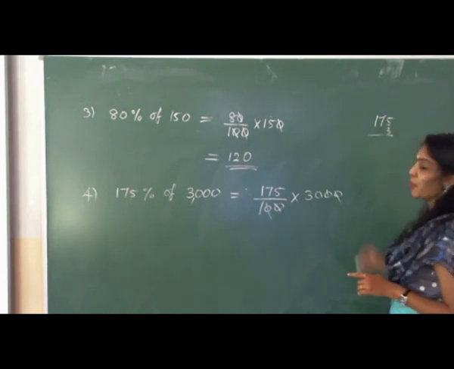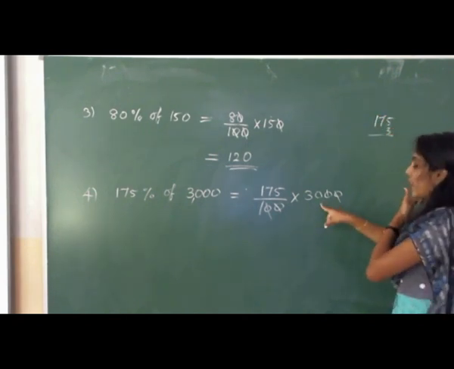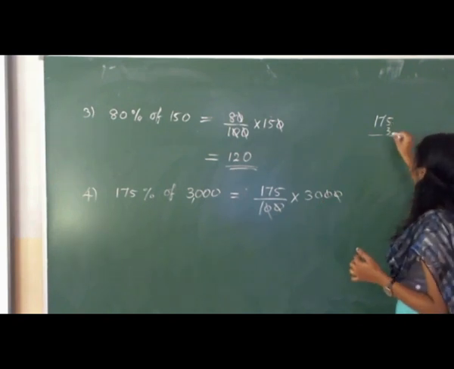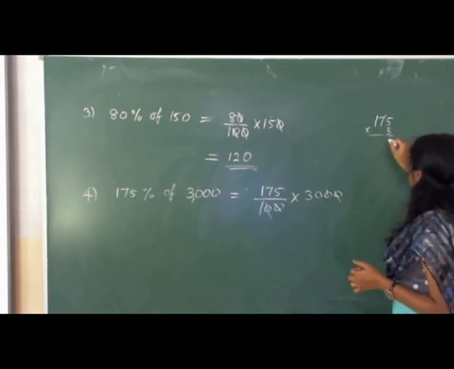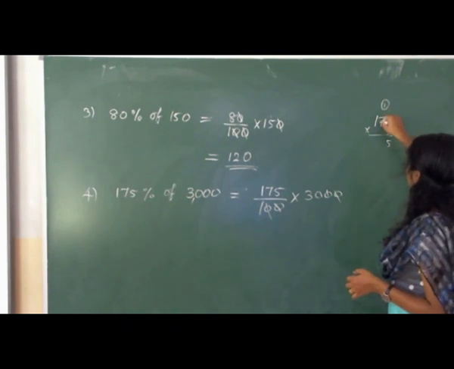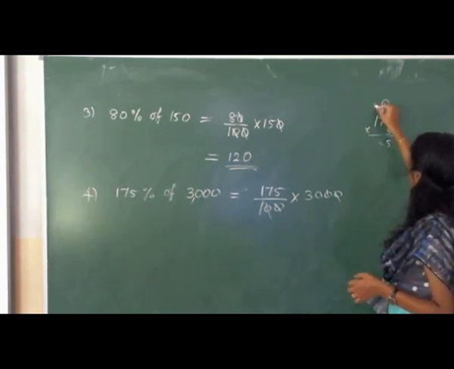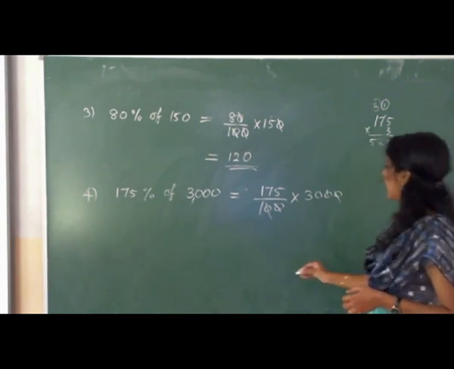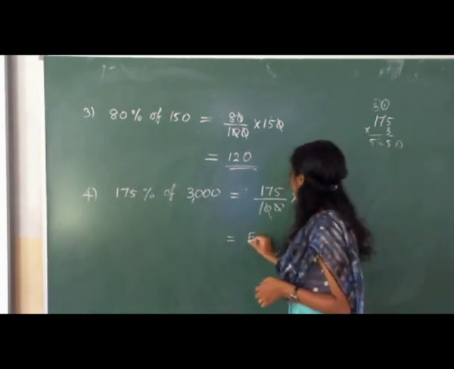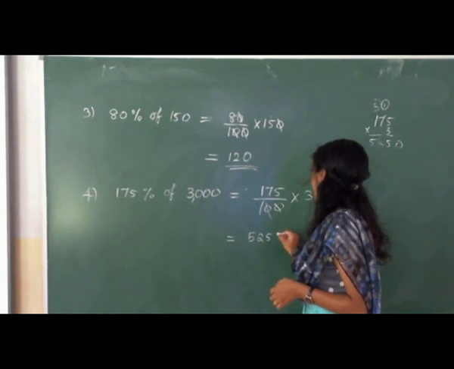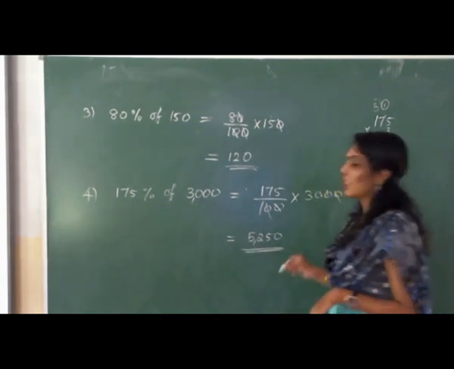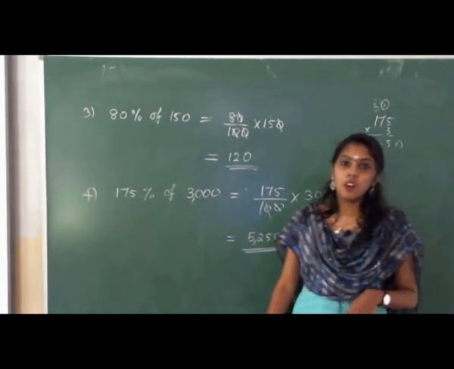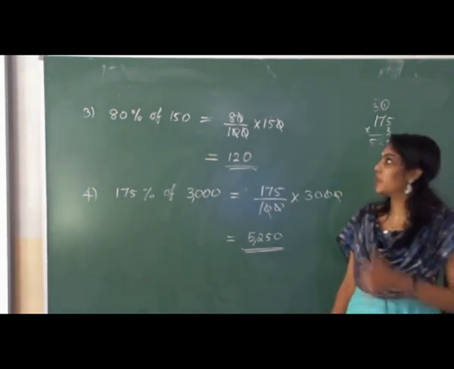Multiply 175 into 3 first, and with the answer you can add one more 0 at the end. 3 5s are 15, 3 7s are 21 plus 1 is 22, 3 1s are 3 plus 2 is 5, then one more 0, that is 5250. That is the answer. I hope this one is clear.